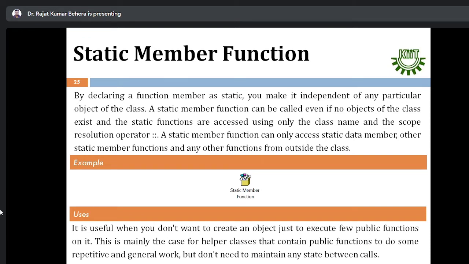But to access a static member function, you do not need to create an object. It can be accessed with the combination of the class name and the scope resolution operator.